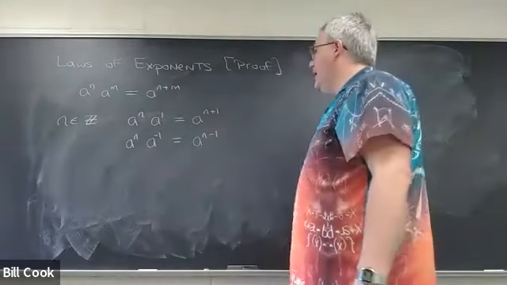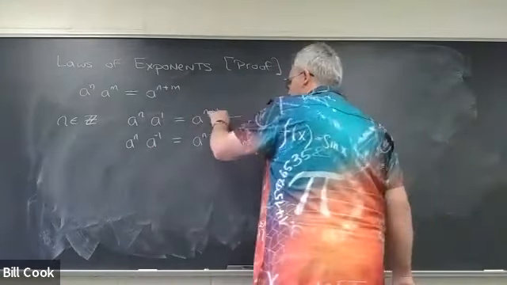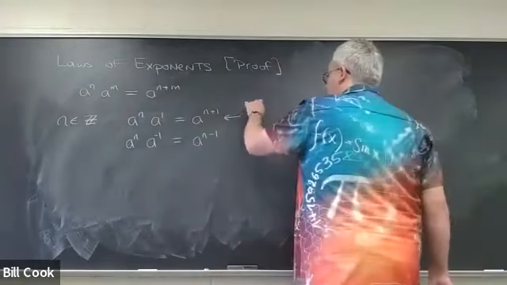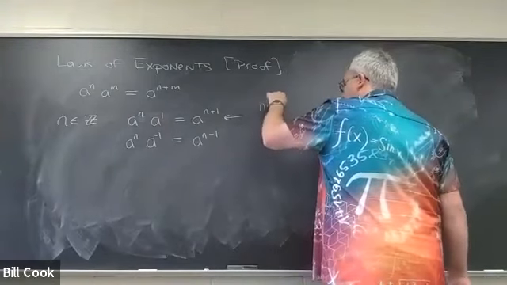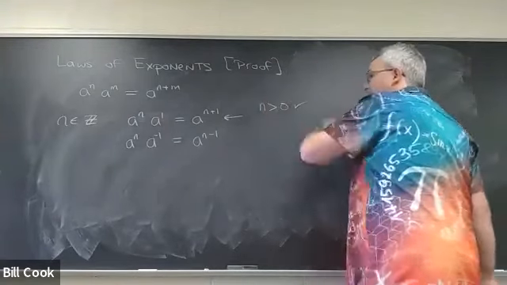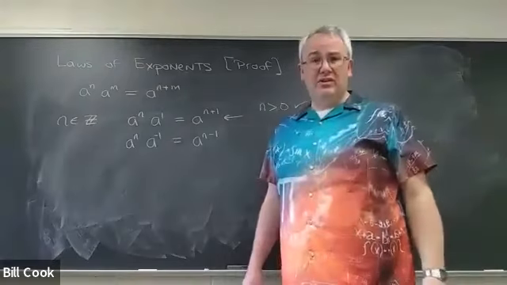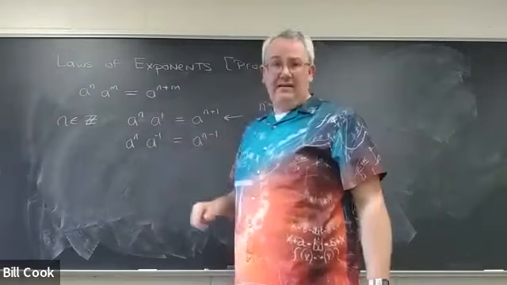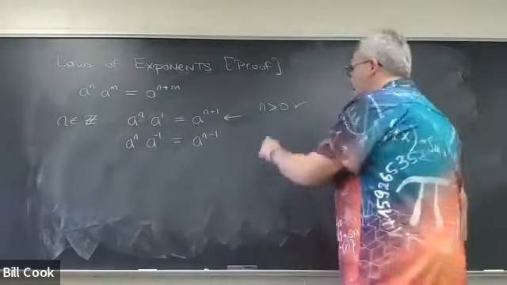Okay. Now, let's tackle this guy first. Well, first of all, for n greater than 0, check. That's just its definition. So we know that this is how we defined exponentiation.